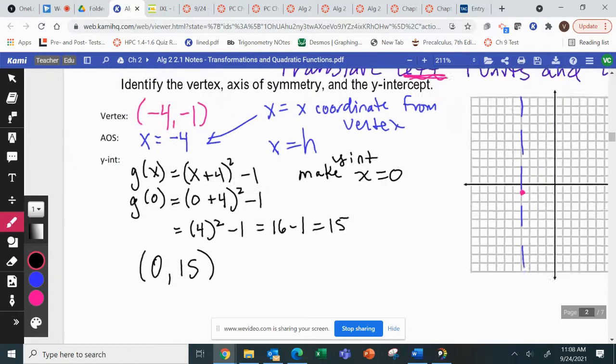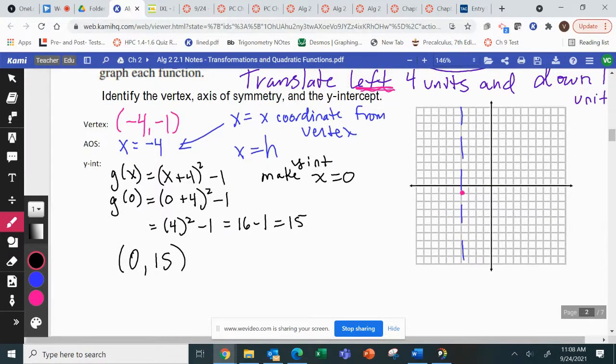Okay, so I can graph that. That's not going to fit on my graph, so maybe we want to change the scale. What should we count by if we're going to hit 15 on the y-axis? 5s? Meh. How about 2s? 2, 4, 6, 8, 10, 12, 14.